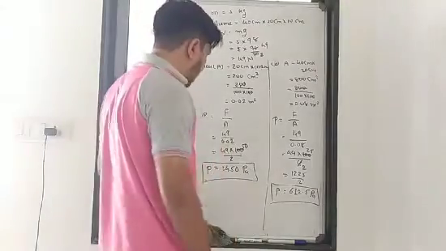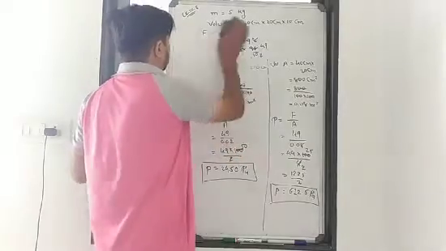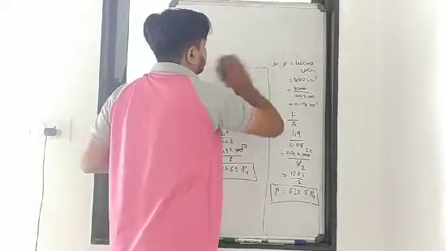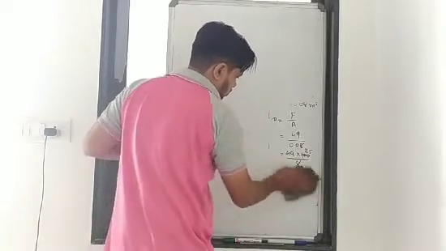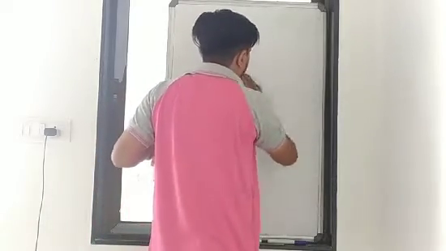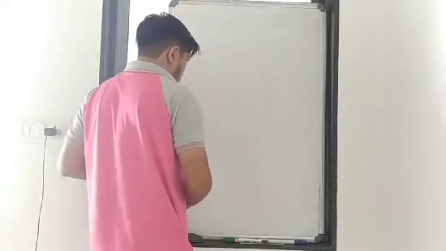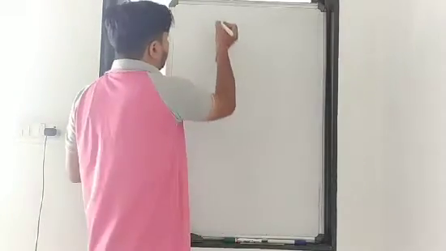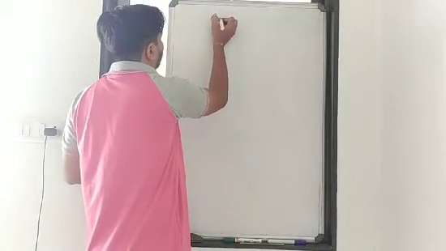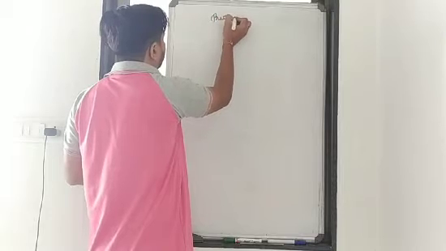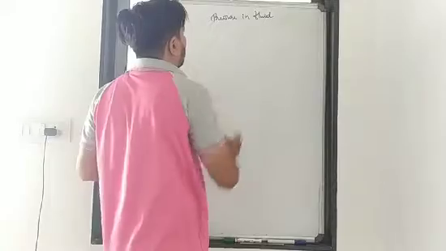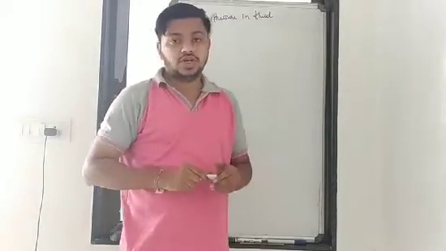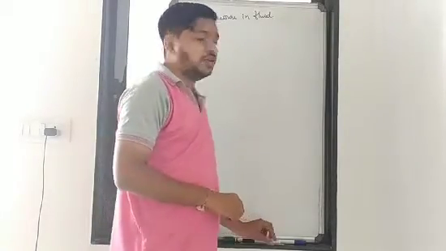Okay, now our next topic is buoyancy. But for that, you need to know about the pressure of fluid. What is the pressure in fluid? Generally, you know what a fluid is.